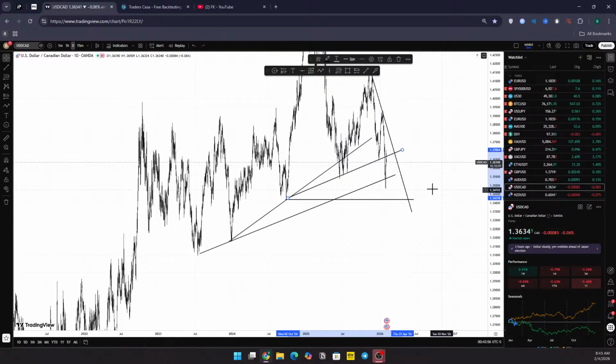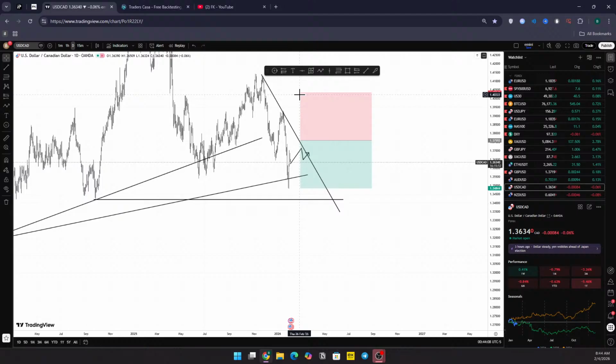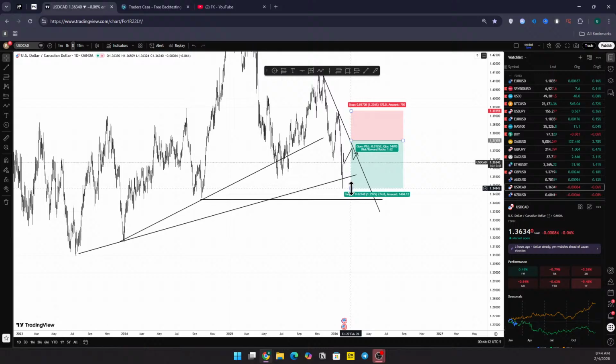So if the market comes to something around there, right there, guys, we could enter a short position. Anywhere here is also possible, putting our stop loss right there and going to target this liquidity.